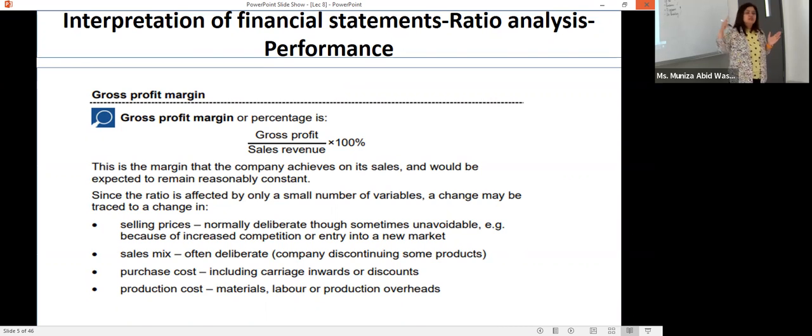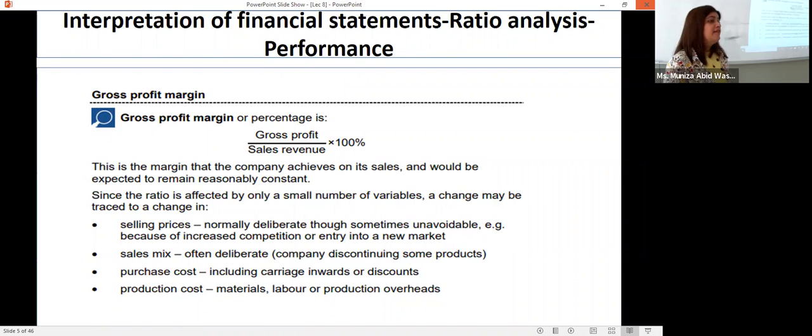And the proportion of the gross profit margin is only going to be higher when the organization's direct expenses are lesser. So when you analyze the gross profit margin, primarily you are going to see whether the organization is having control over its direct expenses or not.